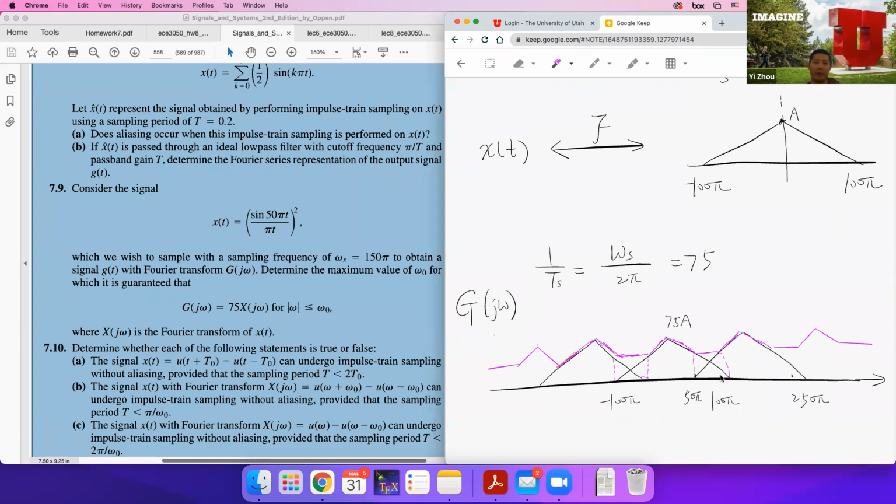But everywhere else, the spectrum will be preserved.